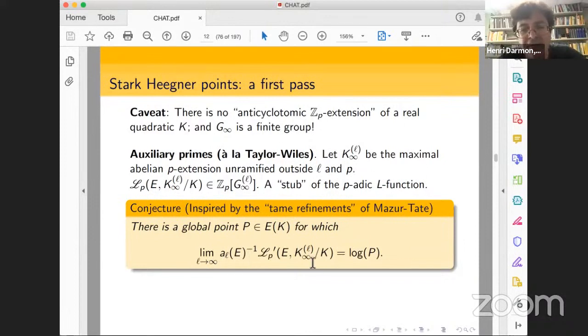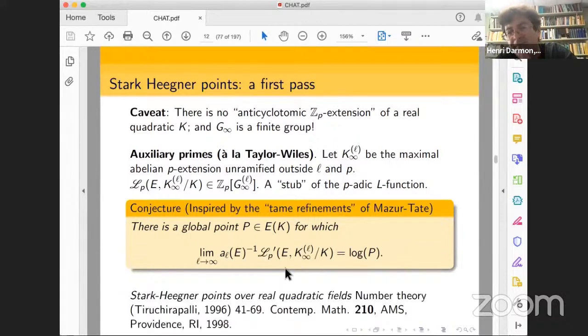And then this converges eventually to something p-adic. So this is a bit reminiscent of the p-adic patching that you see in Taylor-Wiles. And of course, the whole idea of looking at these derivatives of elements in finite group rings came from these tame refinements of Mazur-Tate.